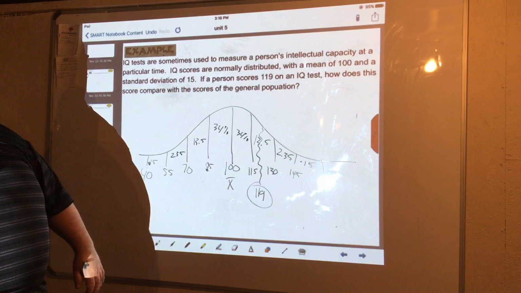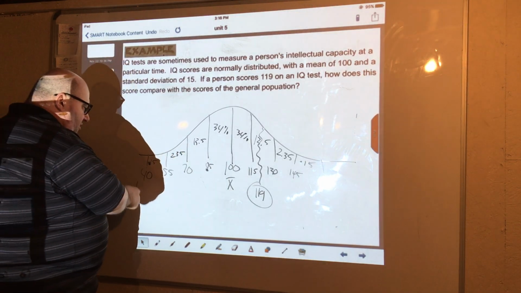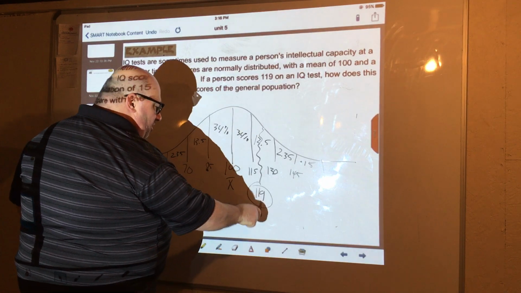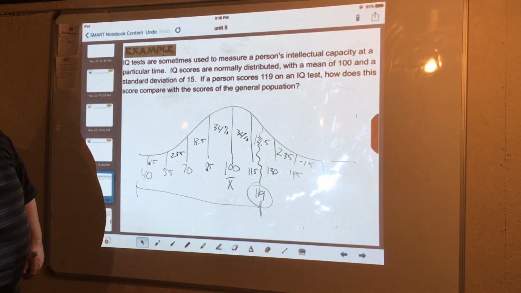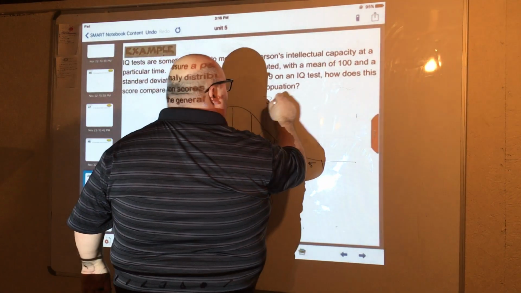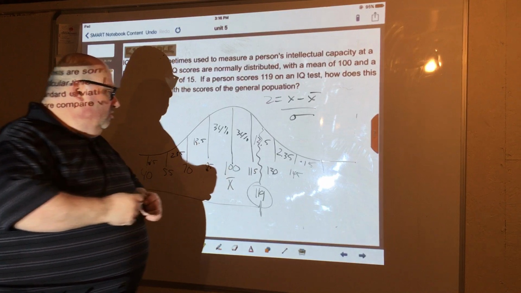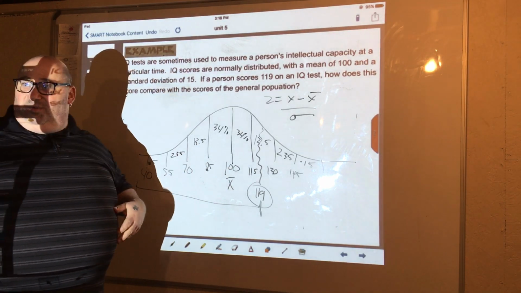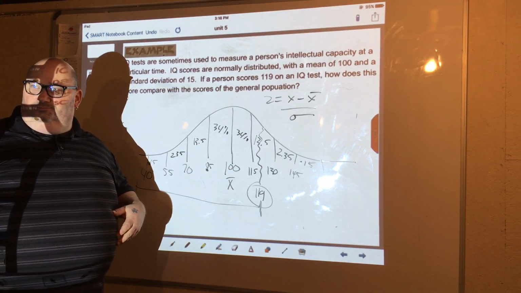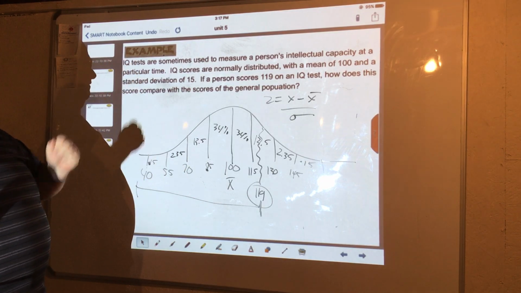How do we find that z-score, to find out what percent scored lower than her? Remember our z-score: z equals x minus the mean, divided by the standard deviation. Do we know our mean? 100. What's our deviation? 15.